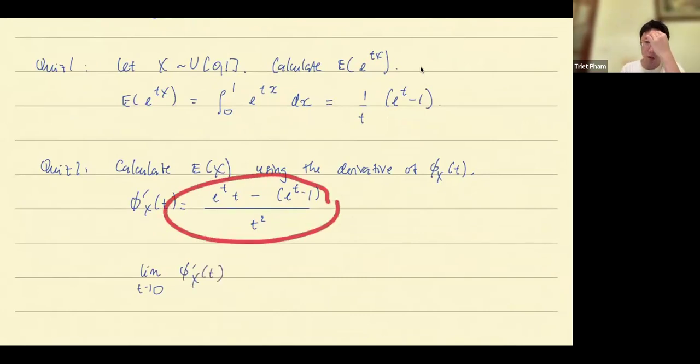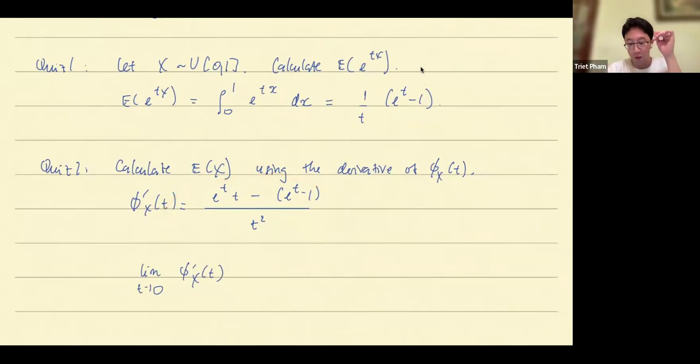Now, what is this limit as t goes to 0? What's the answer?